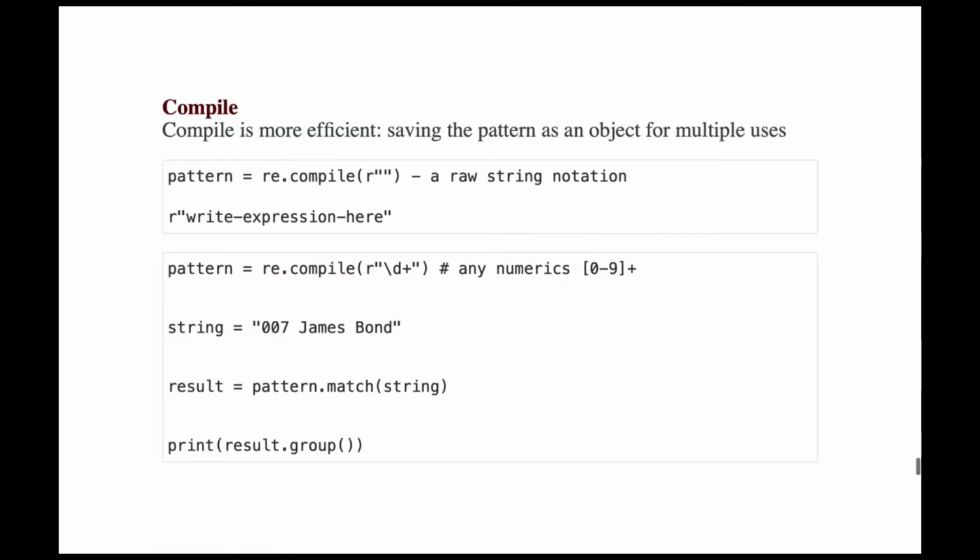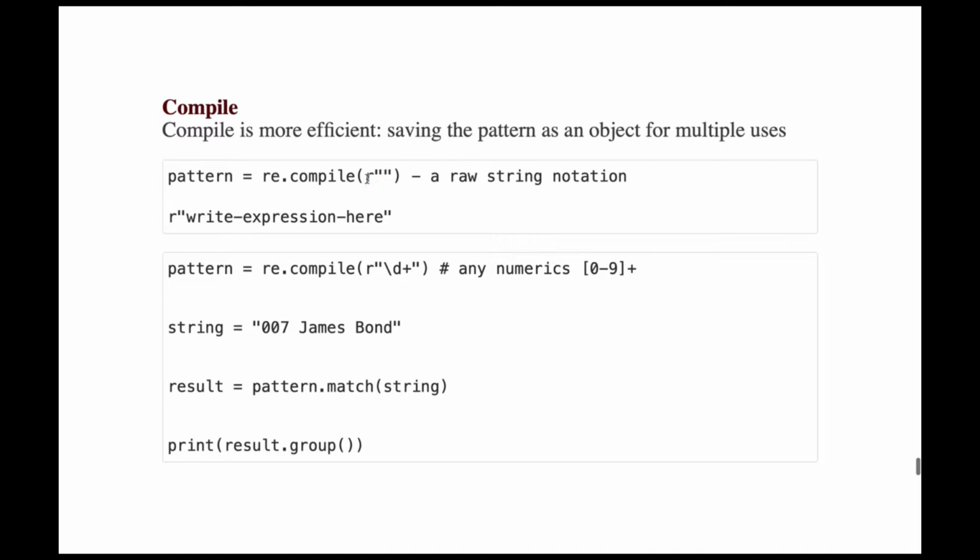All right, let's look at the compile version. If you notice, before we just used findall. Compile can be a bit more efficient because we can save this pattern and reuse it later on. To use this version, we would use the compile function where we input a raw string notation.